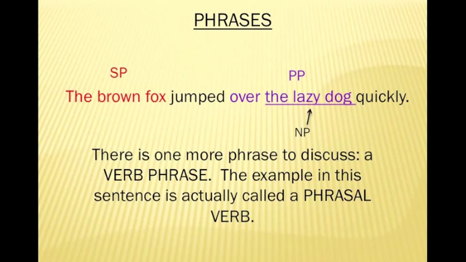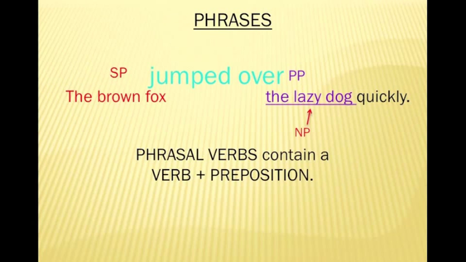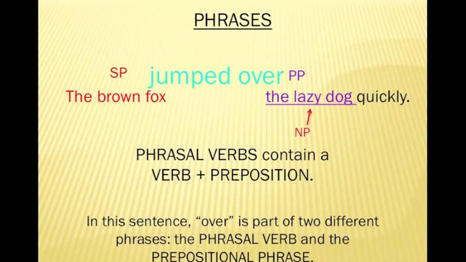Well, that's because in this example, we actually have a verb that we would call a phrasal verb. And that phrasal verb is actually the words jumped over. Phrasal verbs are when you have a verb that usually goes together with a preposition. So in this sentence, over is actually part of two different phrases. It's part of the phrasal verb jumped over, and it's also part of the prepositional phrase over the lazy dog.